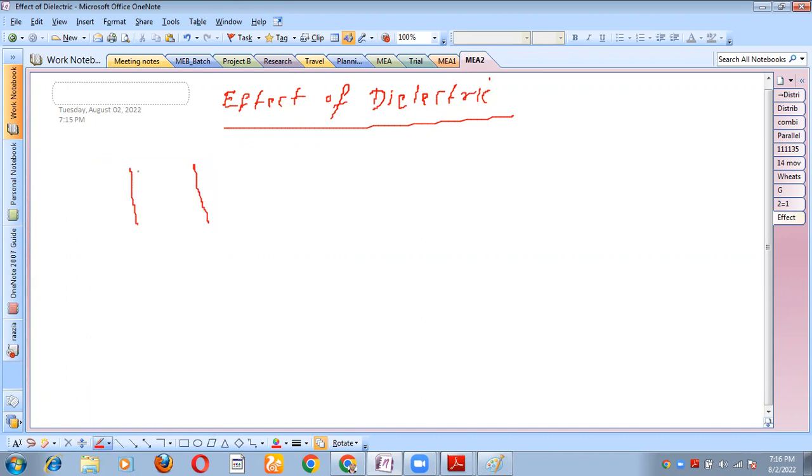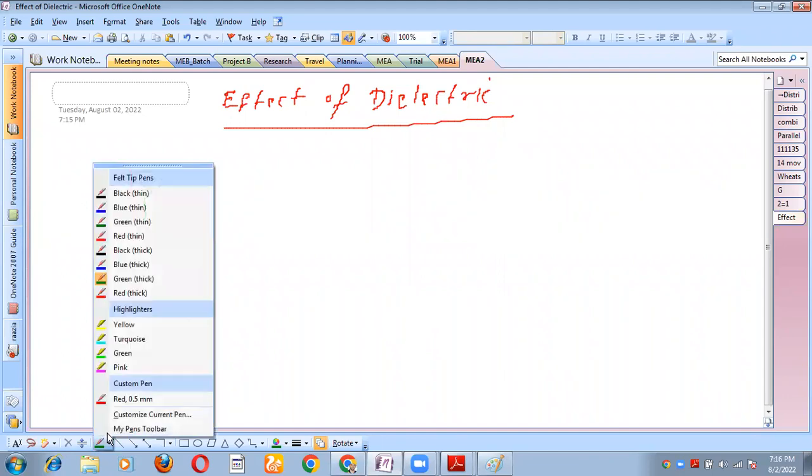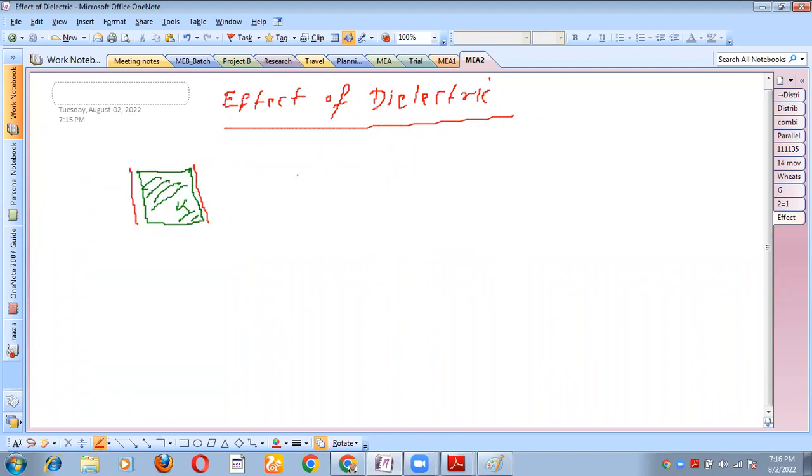Like if this is a capacitor and it is completely filled with a dielectric of dielectric constant K. So suppose initially the capacitor was like this, and in the capacitor there was air, and its capacitance was C naught.